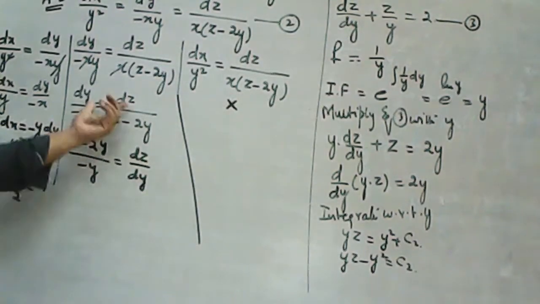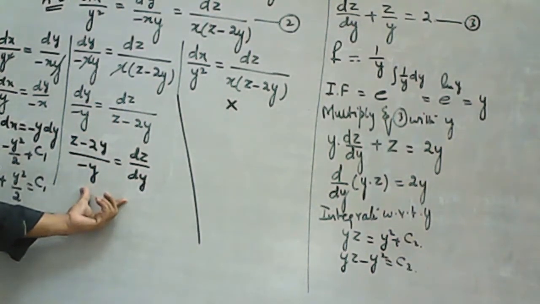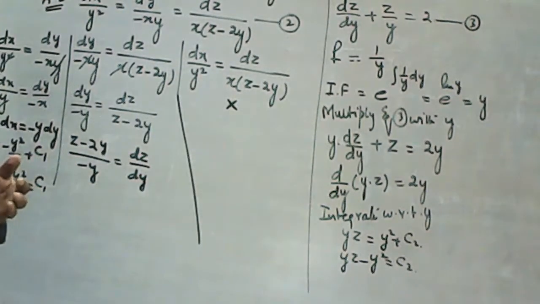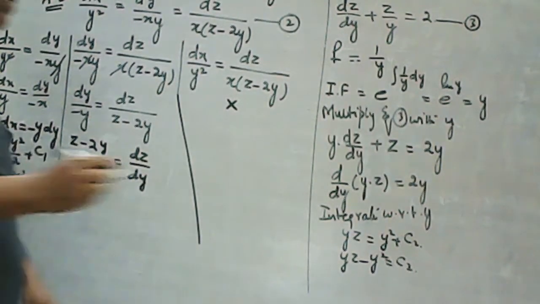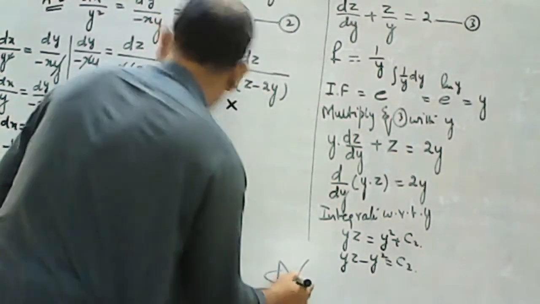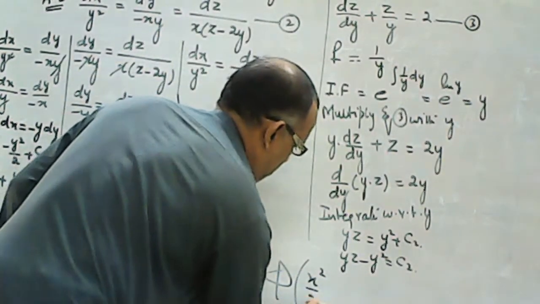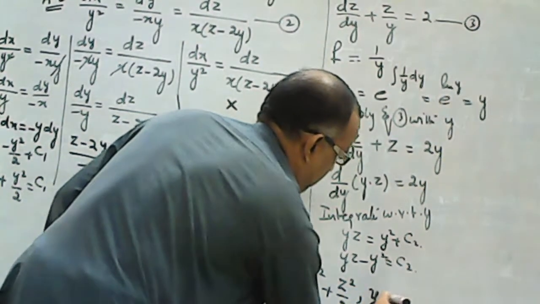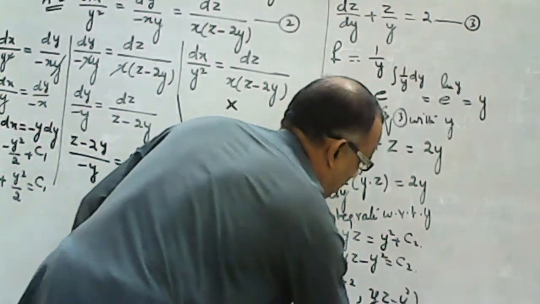So look, this pair is not solved through reducing to separable variable, but we solve this pair by using the linear case. So now time to write the final answer, that is phi of x square by 2 plus z square by 2 and yz minus y square equal to 0.